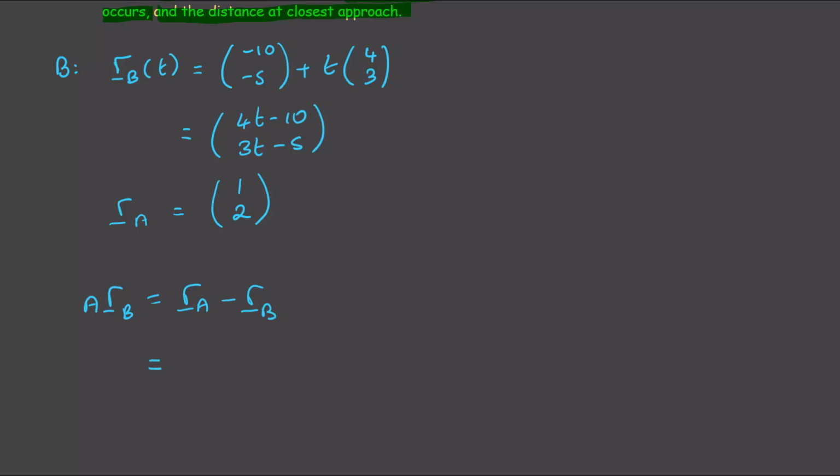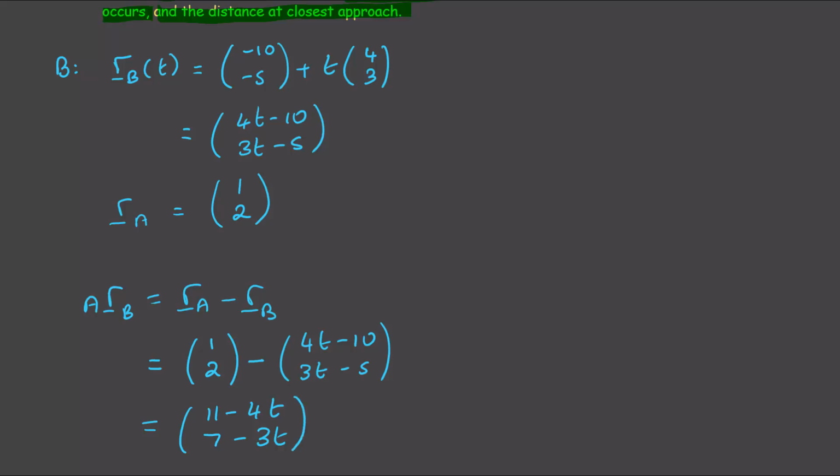So that's going to be (1, 2) take away (4t - 10, 3t - 5). So that's going to be (11 - 4t, 7 - 3t).